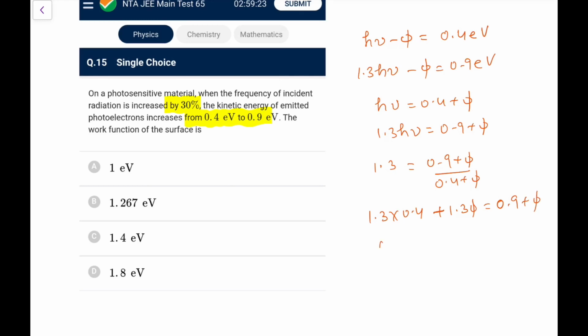Taking this here, 0.3 phi would be 0.9 minus 0.52. Let's write it clearly: minus 0.52. So we are left with 0.38, so phi would be 0.38 upon 0.3, that is 3.8 by 3, that would be 1.2 something. So it would be option B. That is what we can make out.